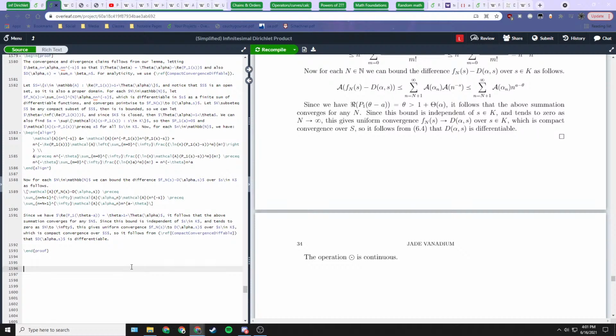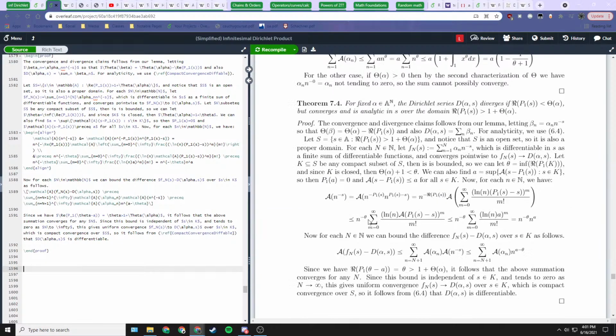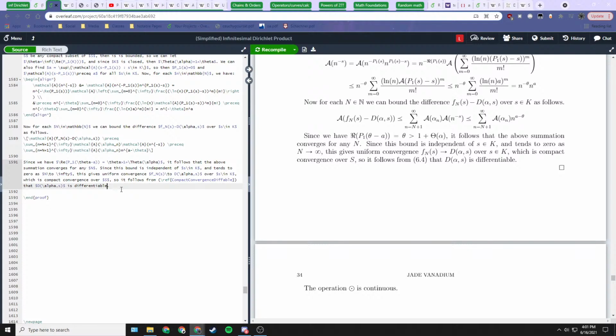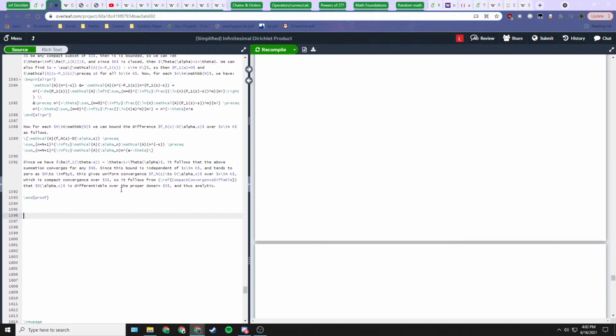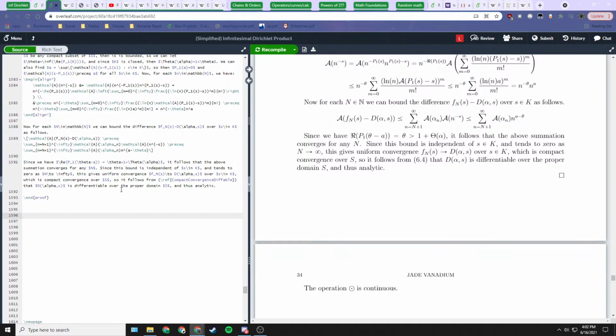Okay, so since our functions, actually we can say, we're going to define a set, which is where these Dirichlet series actually converge.